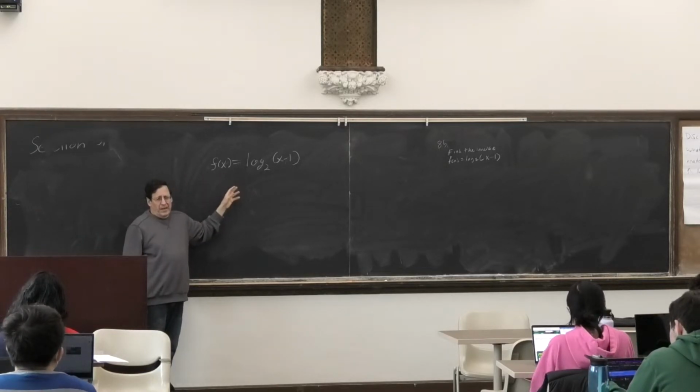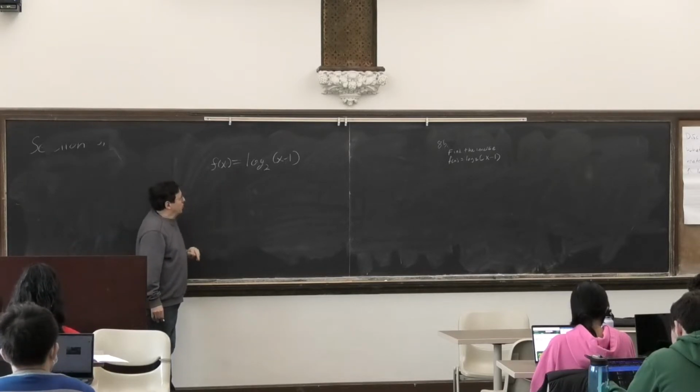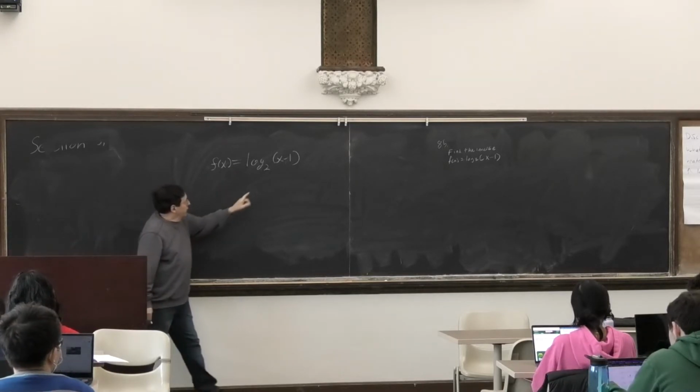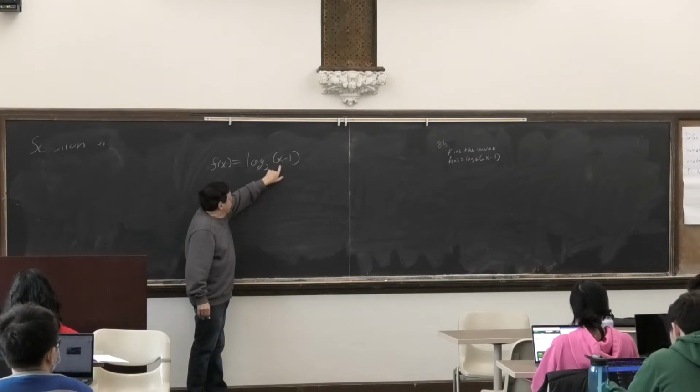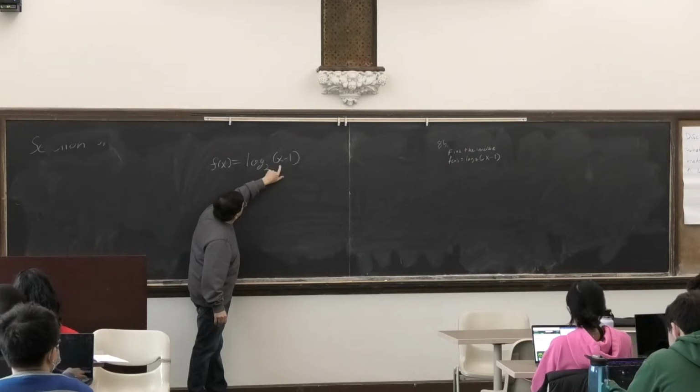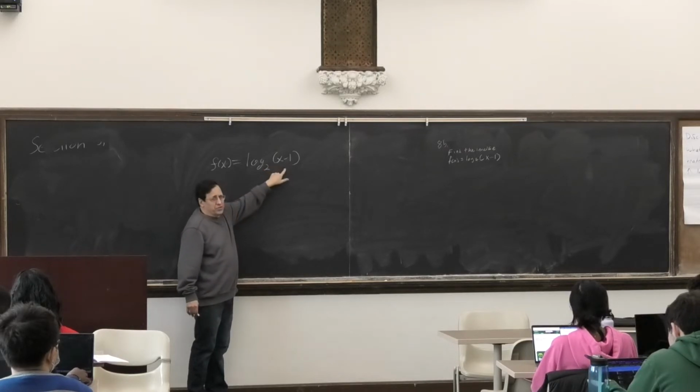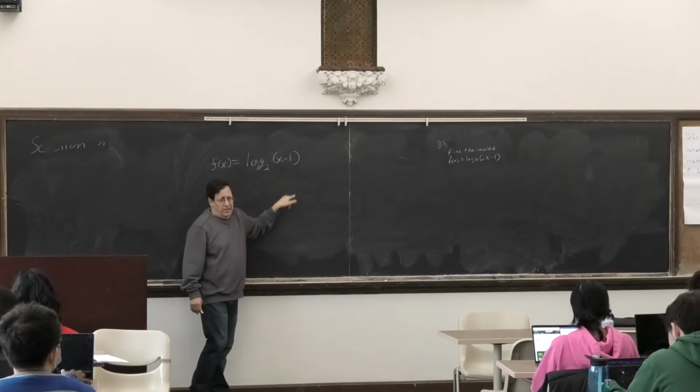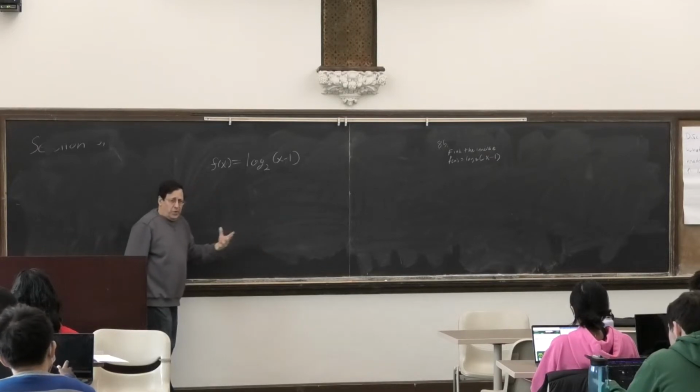We're going to skip that because we're basically doing the algebra part. But note that if x is less than 1, this is not defined, it's not in the domain. So that tells us something about the range of the inverse.